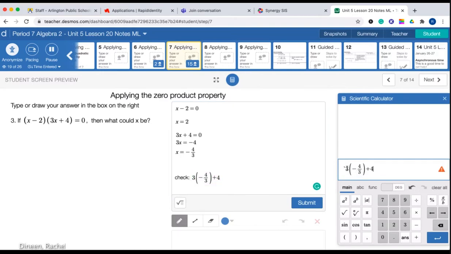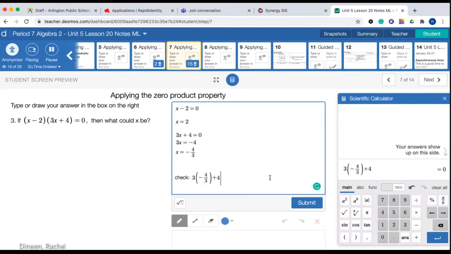Just need to delete the little quotes around it. Cool, that equals 0. So perfect, yep. So x equals 2 and x equals -4/3 are both values for x that make the equation true.